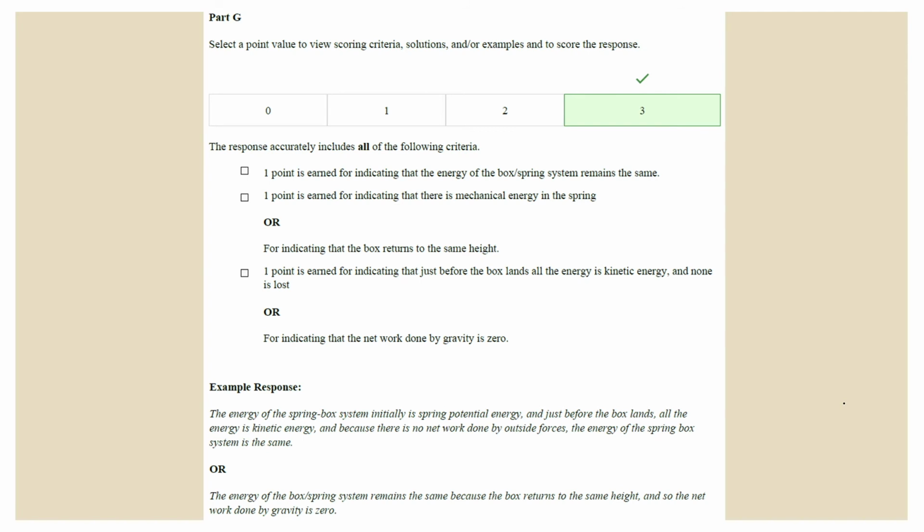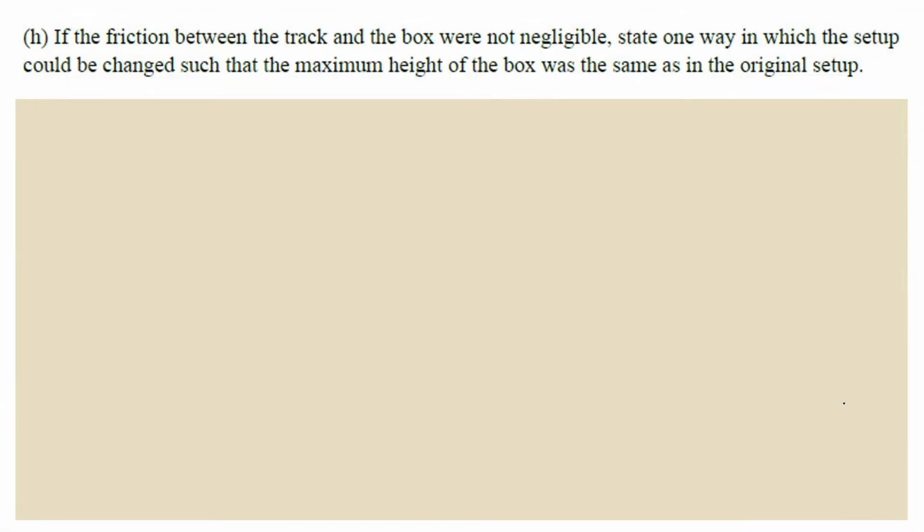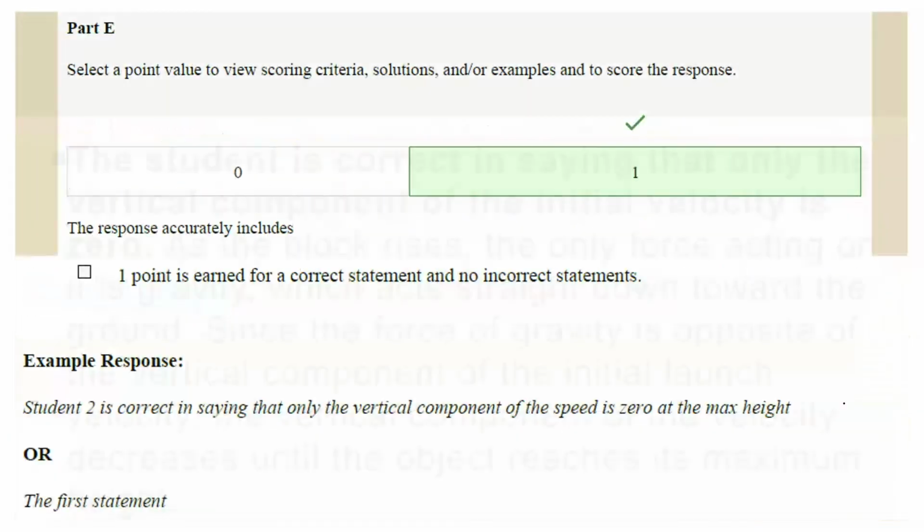All right, second to last part here, part H. It says if the friction between the track and the box were not negligible, state one way in which the setup could be changed such that the maximum height of the box would be the same as in the original setup. Now, I actually want to go back to the picture of the original setup.